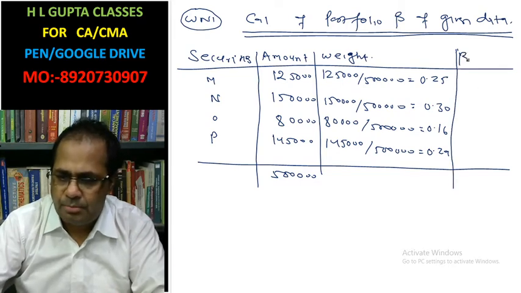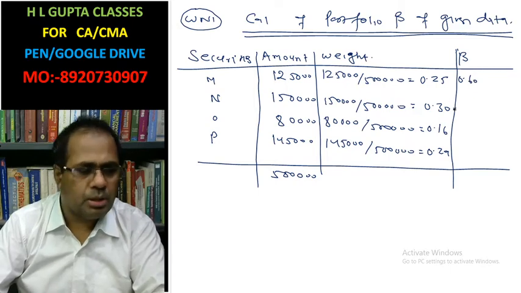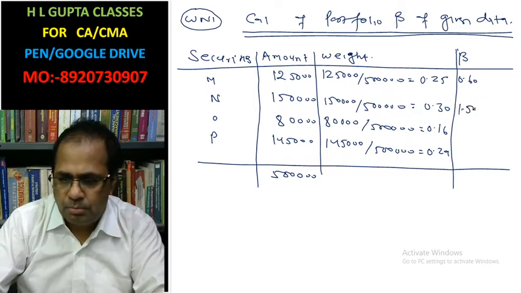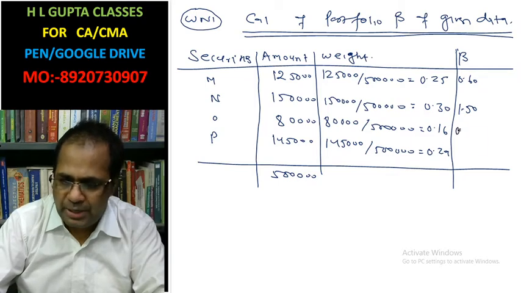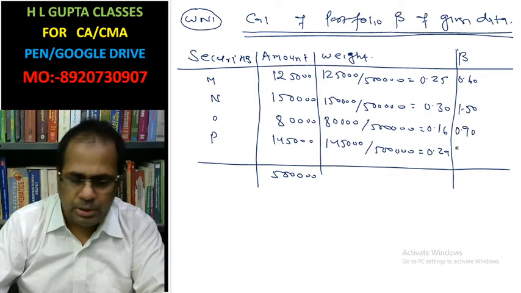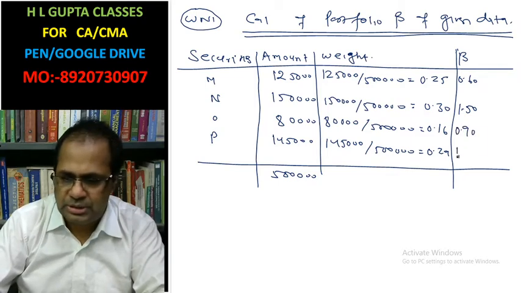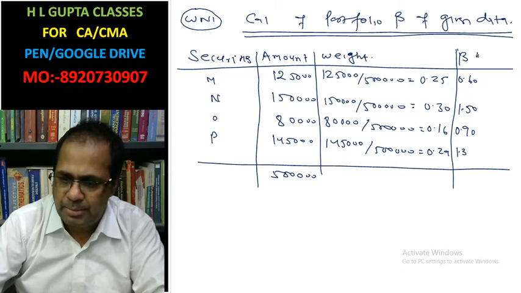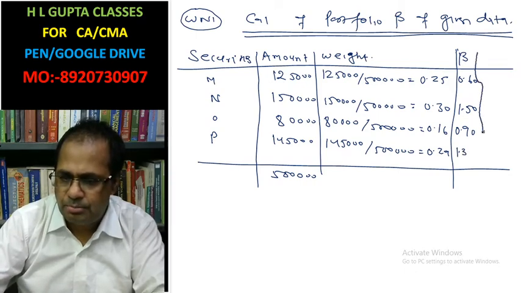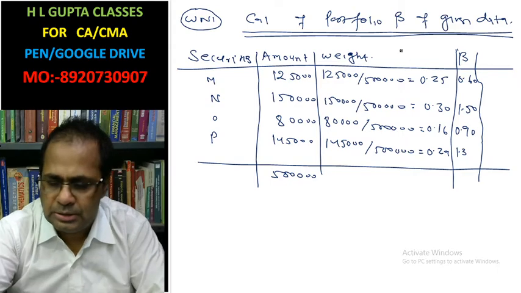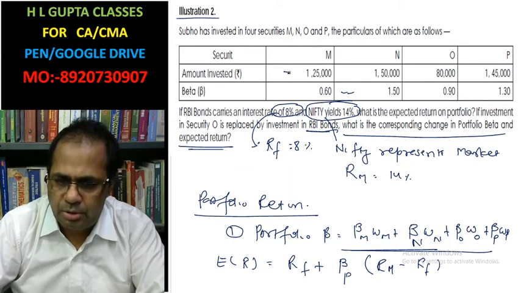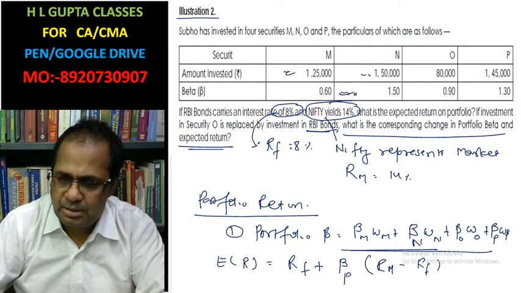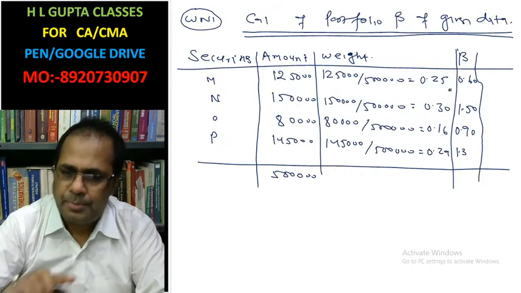Beta you have is 0.60, 1.50, 0.90, 1.30. This is the beta given in the question.